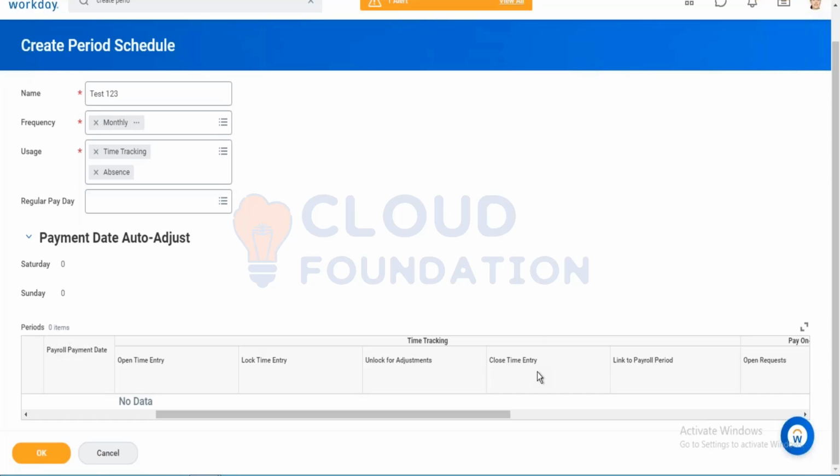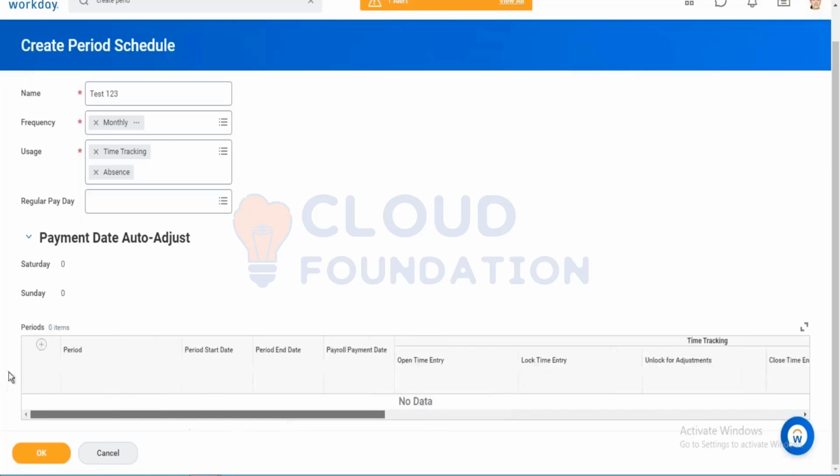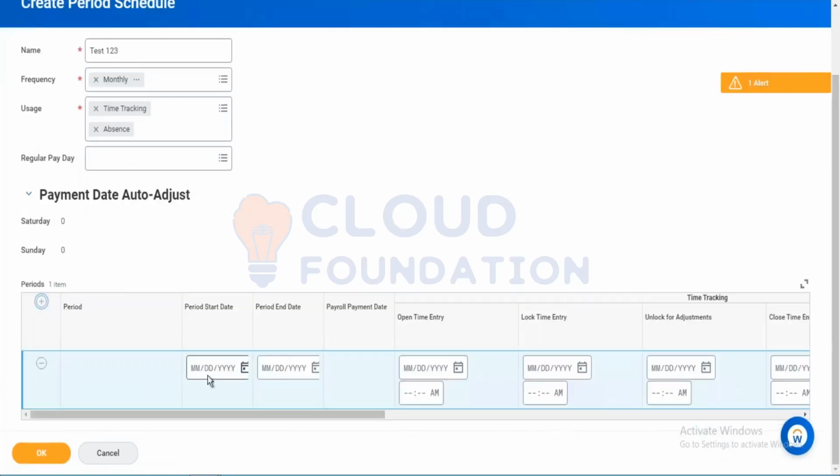Let's take an example. If I'm on a monthly basis, the start is 01/01/2021, in MMDDYYYY format. This is my first period.